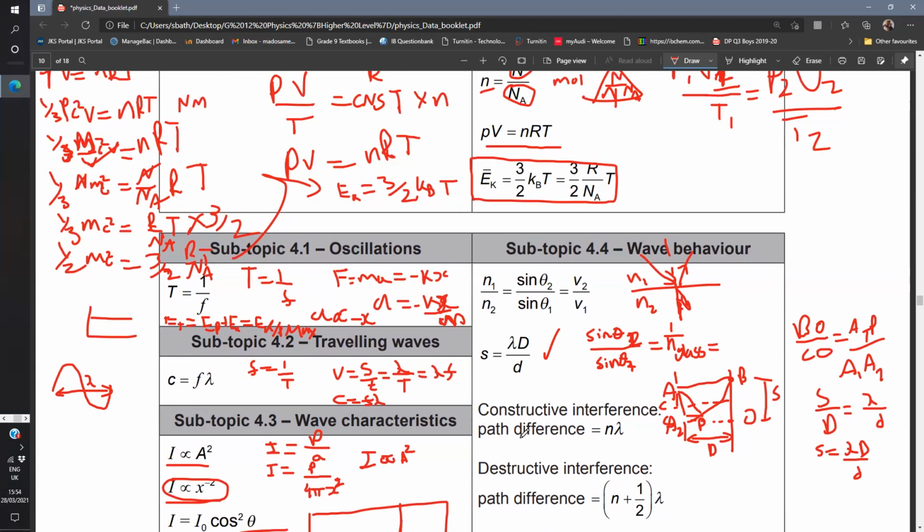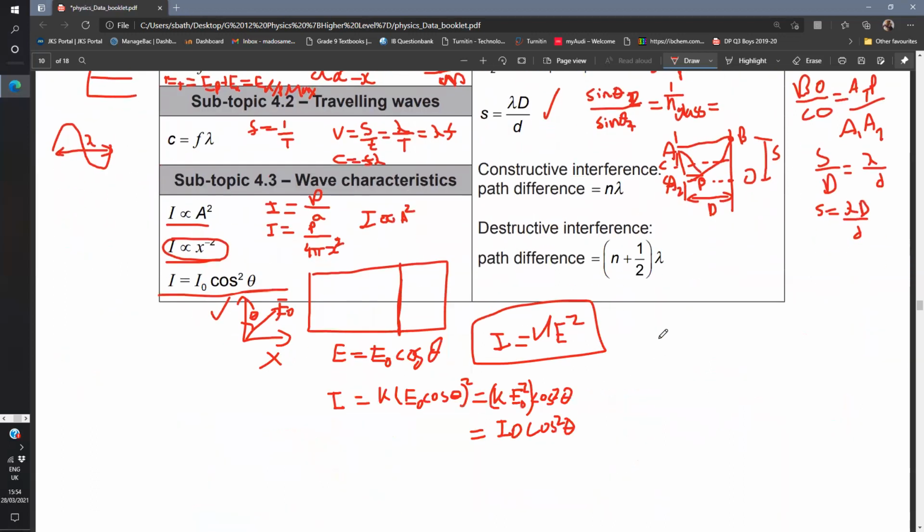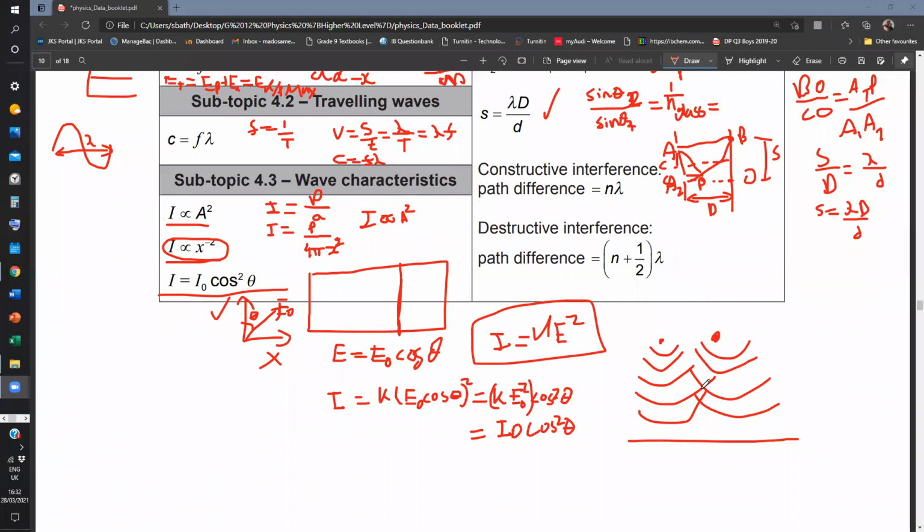And the next topic that we're going to discuss is constructive and destructive interference. So assume you have two slits. We have a projection here. So these are the wave fronts. At some point, basically in these lines where they meet, there's constructive interference.